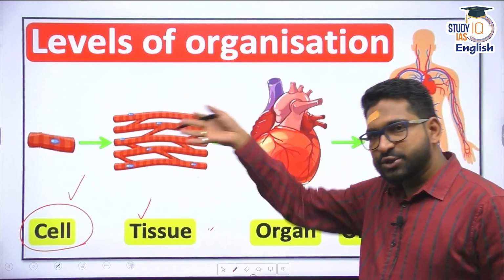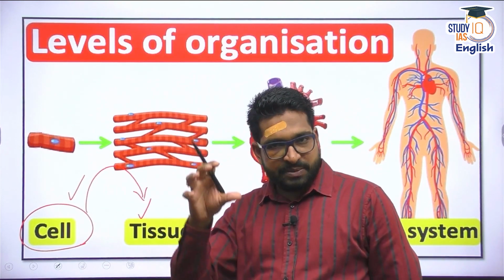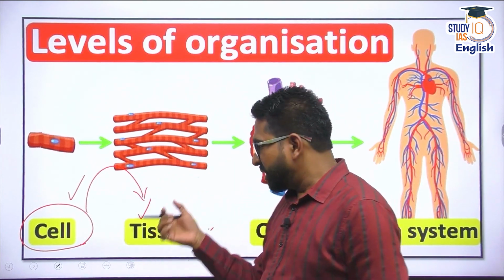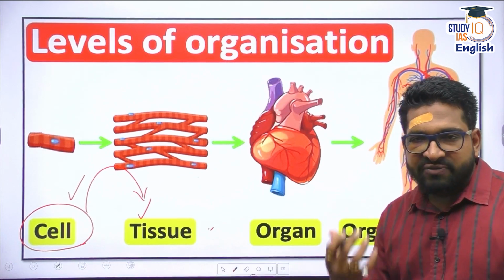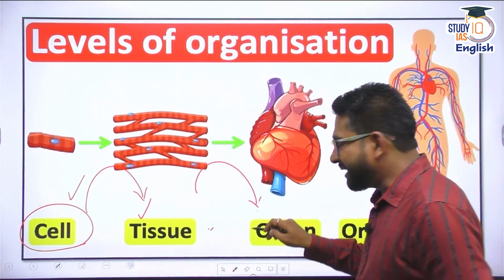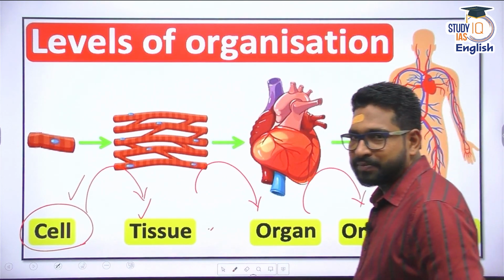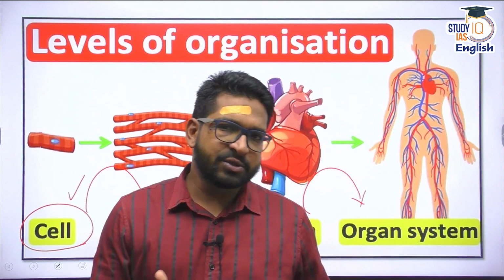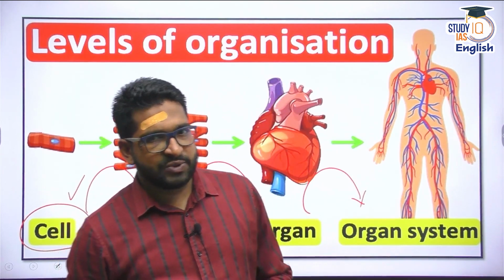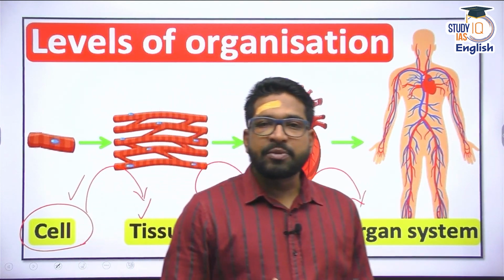When we talk about plants or animals, different cells combine to perform some specific task or some specialization. We call them tissue. Tissues move into an advanced structure called an organ, and then these organs make our entire organ system, that is the human body. And in our previous lectures, when we discussed in 7th standard, 8th standard, we spoke about some organ systems. We discussed the digestive system, circulatory system. Those are all made up of different organs.